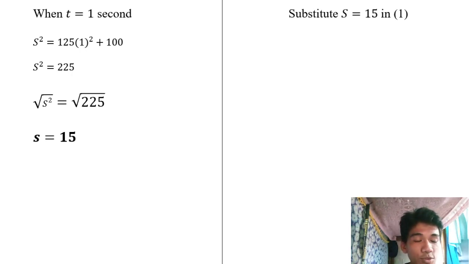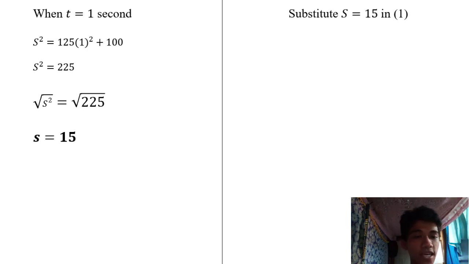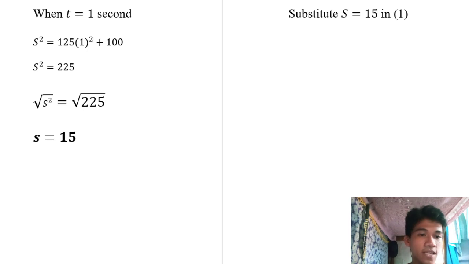Then after, i-substitute na nato ang s value sa number 1, which is ang ds over dt equals to 250t over 2s. Since naa na man tayo time nga 1, then ang s niya is 15. So substitute na lang nato dito sa equation.